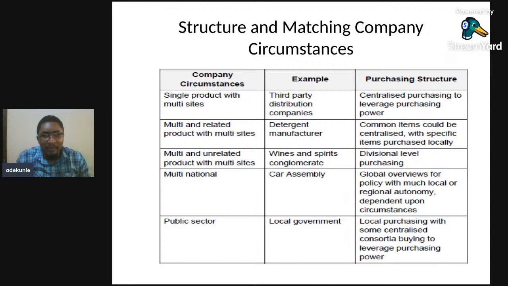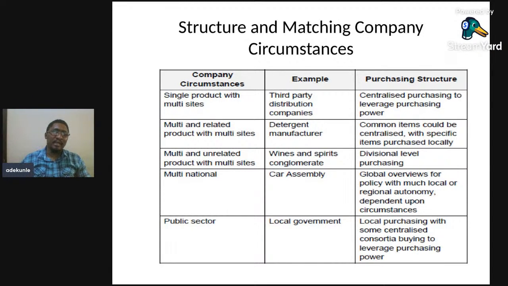For instance, if you have an organization with a single product and multiple sites, they might be producing just one product, let's say Omo, or just mugs. Then you will agree with me that what they need is what we call centralized purchasing, because it's just one product, or they have different sites spread across the country where they sell their products. An example is the third-party distribution companies.